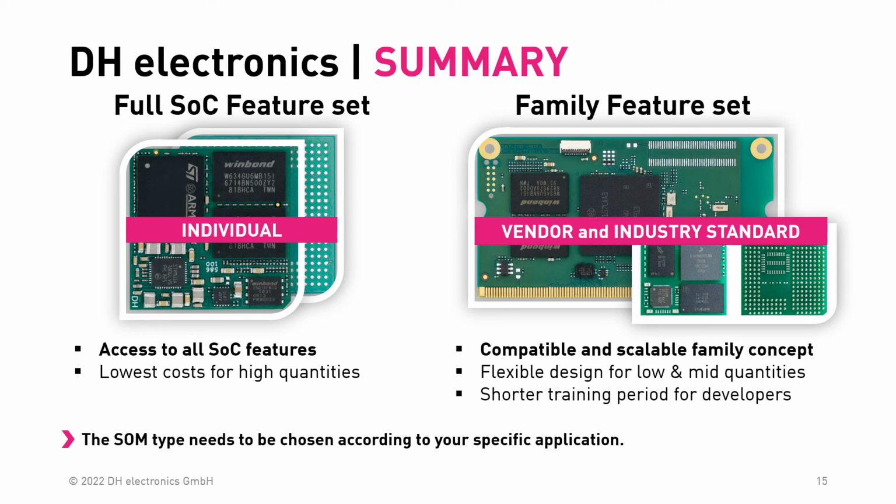Here we have compatibility and scalable family concepts. This type of system on module is more flexible, especially for low and mid quantities. I think a big plus is also the shorter training period for developers, especially if you're doing several designs based on the same standard. So I think this is a big plus on the right-hand side.